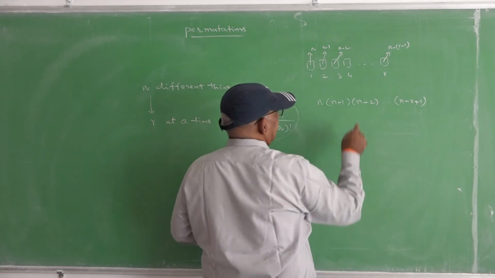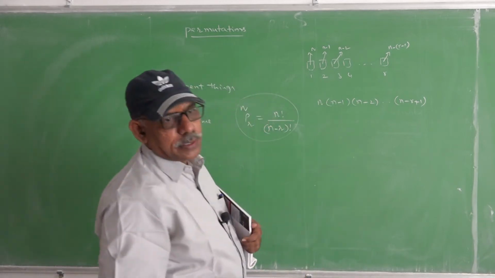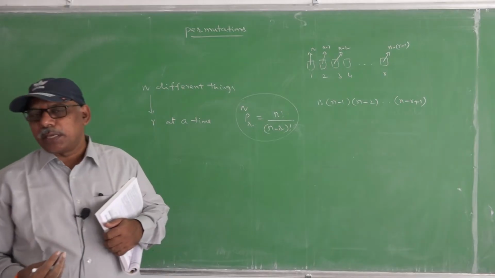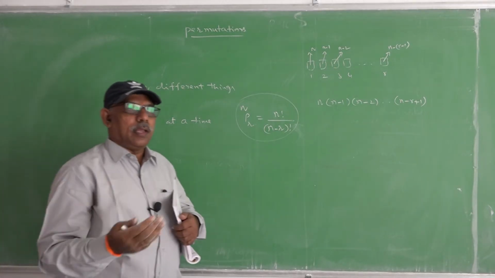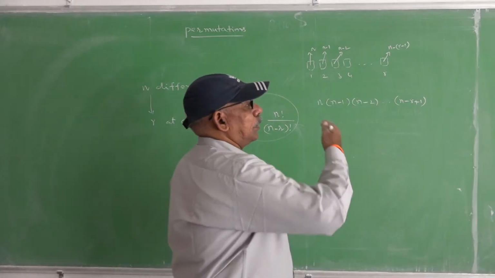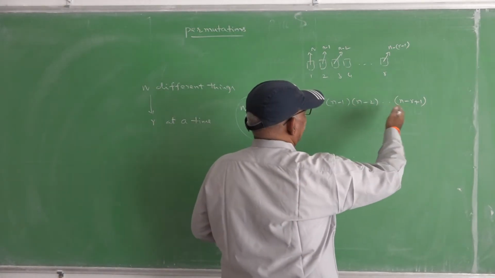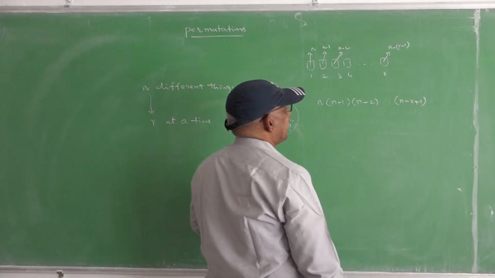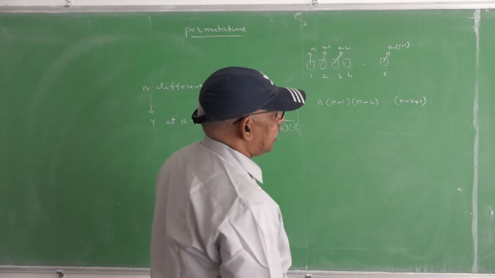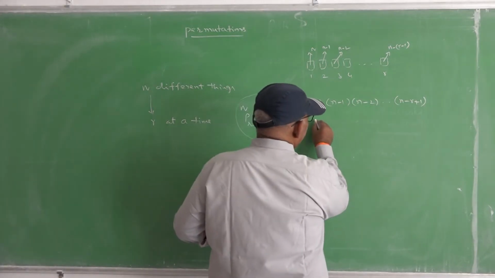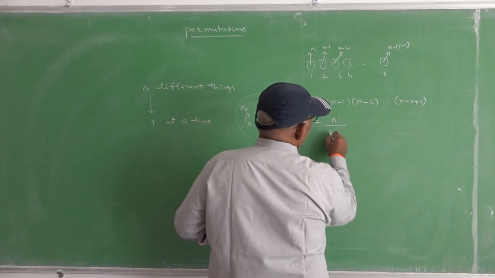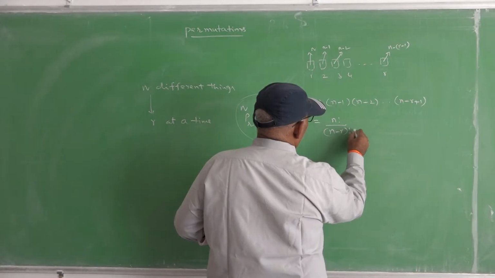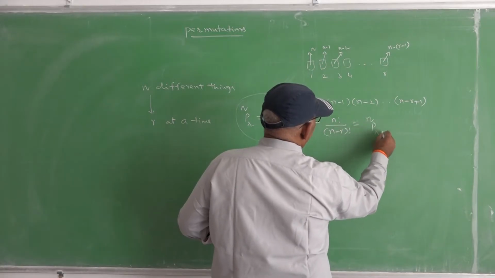This is the number of ways of arranging r dissimilar things taken out of n dissimilar things and putting them in a row. The total number of such arrangements is given by this product, n into n minus 1 into n minus 2 and so on, n minus r plus 1, which in factorial notation is n factorial by n minus r factorial. In notation, it is nPr.